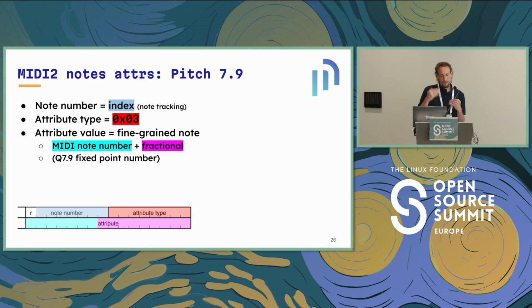So you can now play notes that are in between the piano keys, I would say. It's expressed as a Q7.9 fixed-point number. So you have the MIDI note number on the blue part on the left, and then a fractional part up to the next MIDI note.